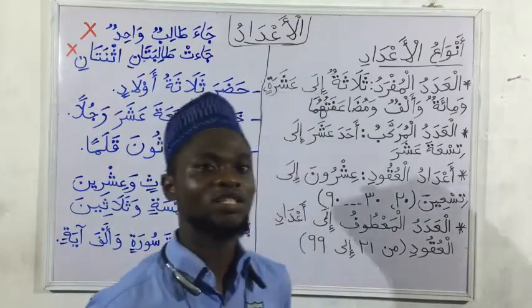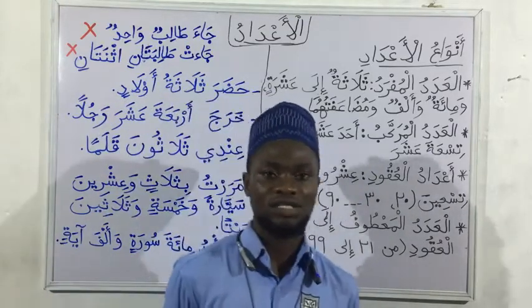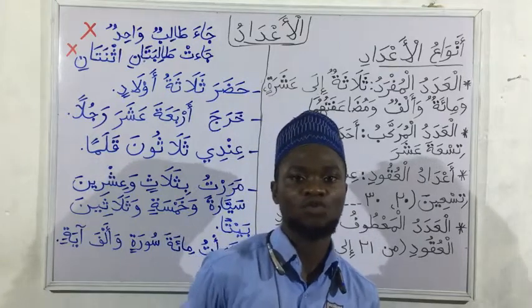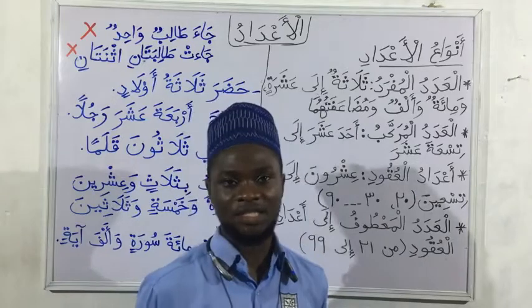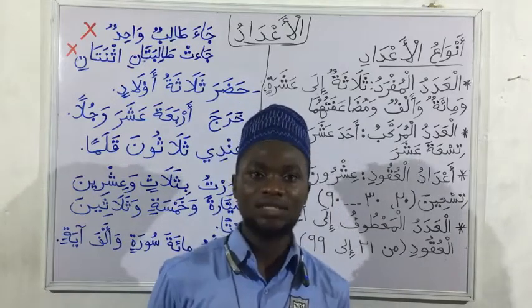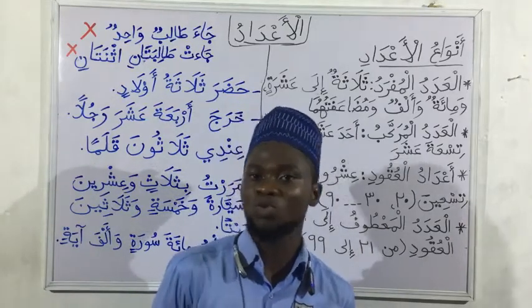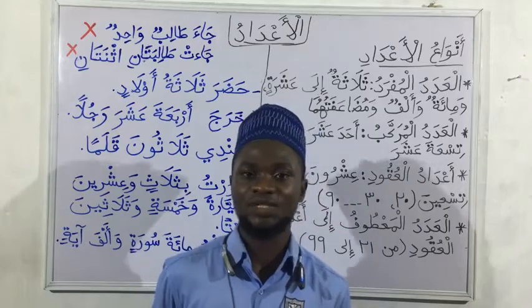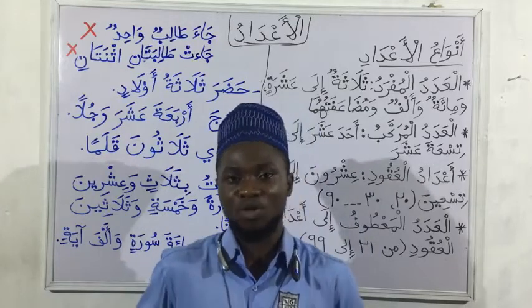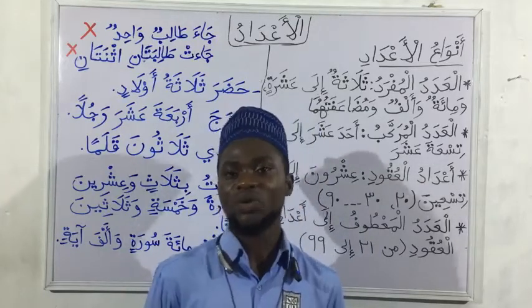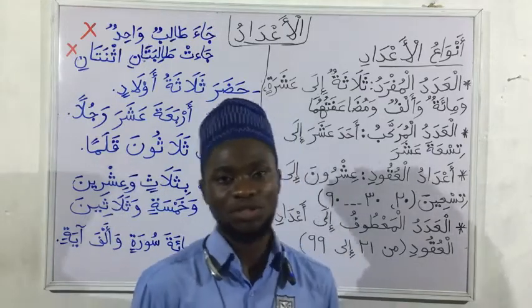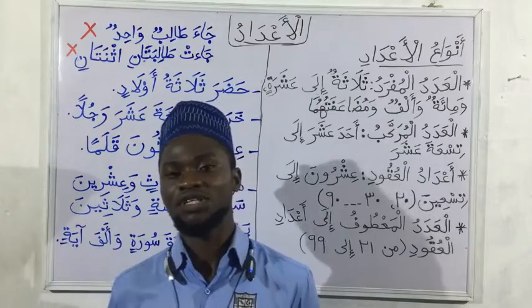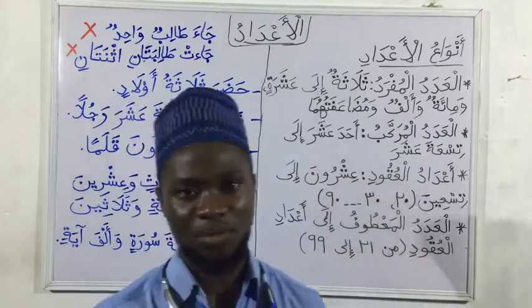In English, when you have 1, that is singular, then when you have 2 to infinity, that is plural. Here it is different. 1 is singular, 2 is dual, 3 to 10 is when we start to count numbers as numbers in Arabic. So 3 to infinity.